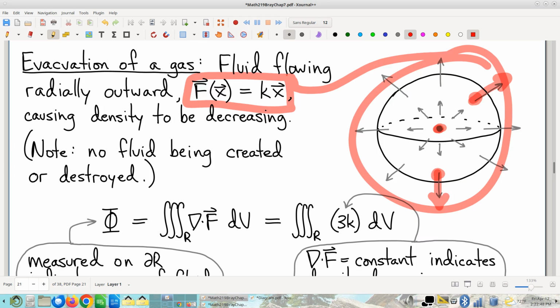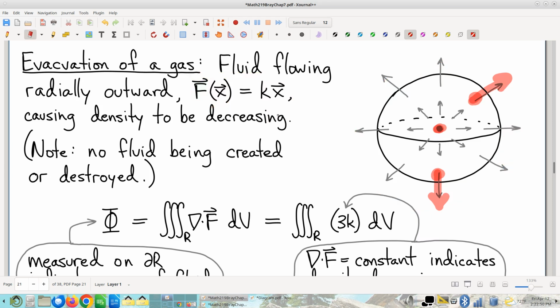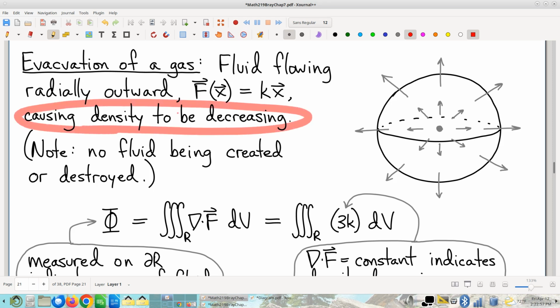Now, if that's the case, then I make a simple physical appeal. If your gas is expanding, if the gas is all flowing outward, then the density is going to go down. Same amount of gas, we're not creating any new gas. Grand total, though, all that same gas gets distributed over more space, and so the density is decreasing.